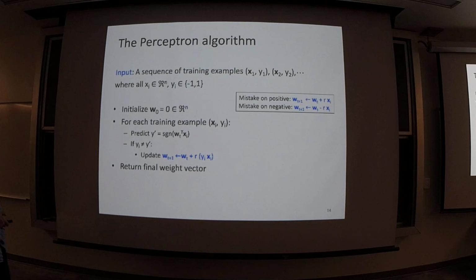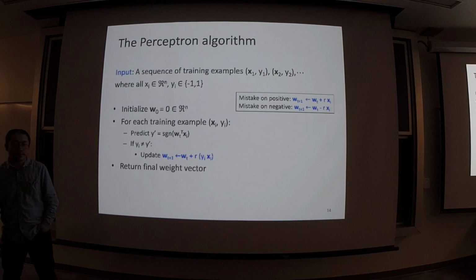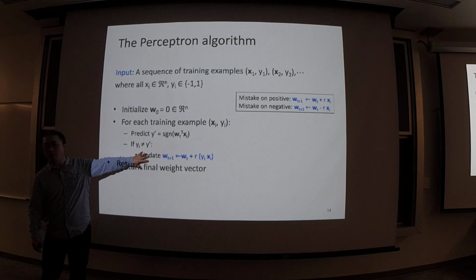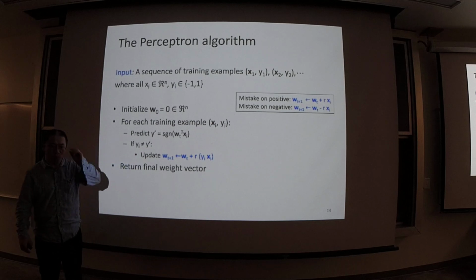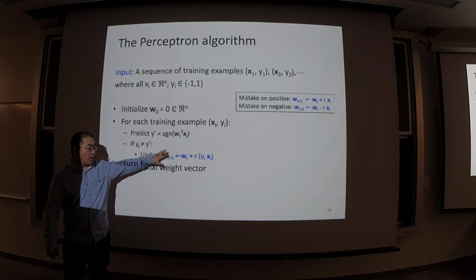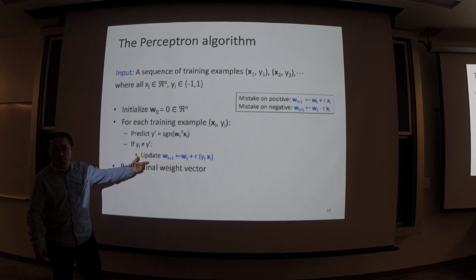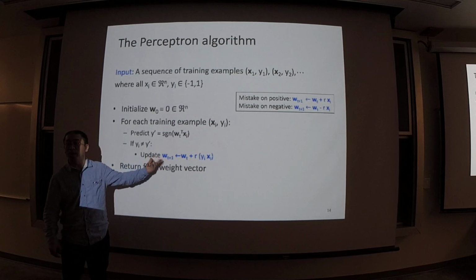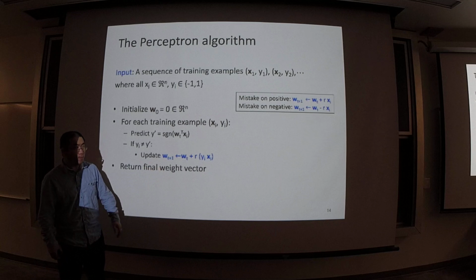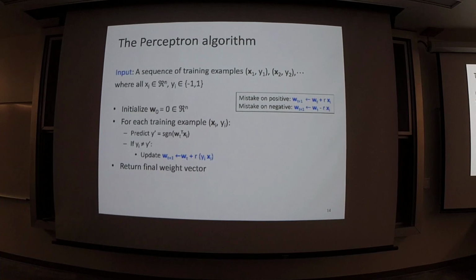So now let us look at why we should perform this update, right? Why is it useful to update your weight in this way when you make a mistake? We can classify the mistakes into 2 cases.